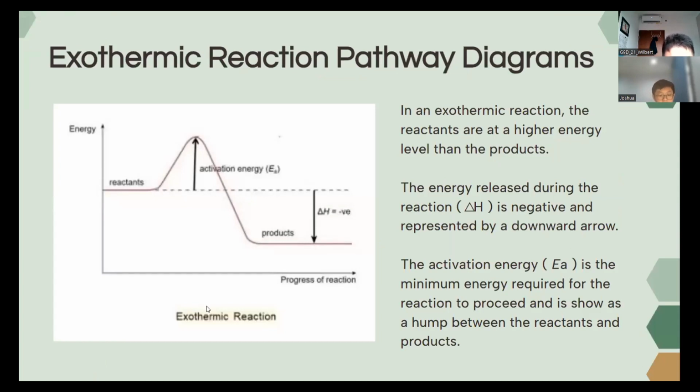Here's the diagram of the exothermic reaction pathway. In an exothermic reaction, the reactants are at a higher energy level than the products, which is this one, above the line.